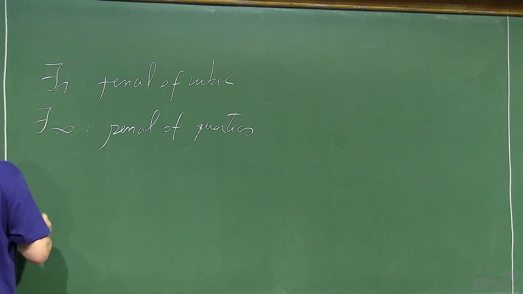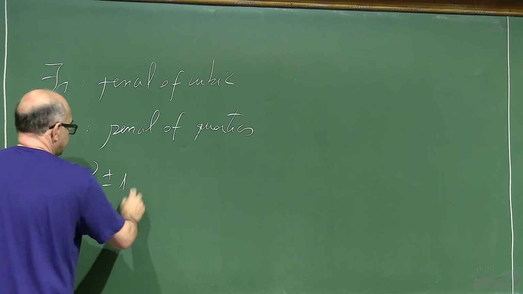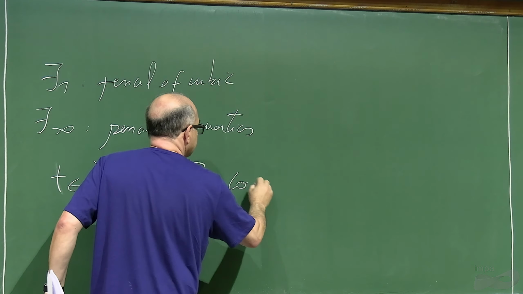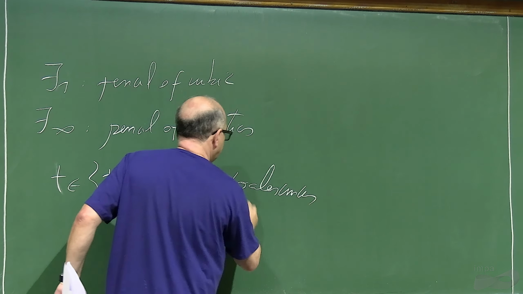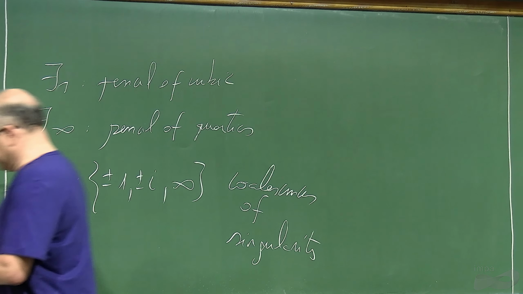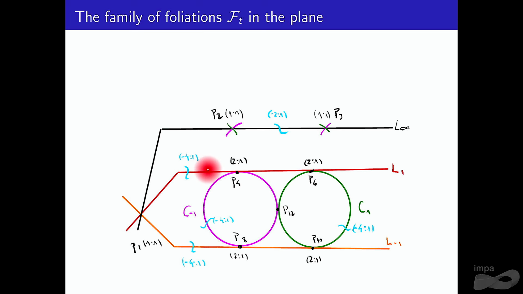And remarked that for T in the set, there are coalescences of singularities, just for the set. For example, this mobile one comes here and becomes a singularity of the pencil generated by this circle and this line. So there are few coalescence cases.